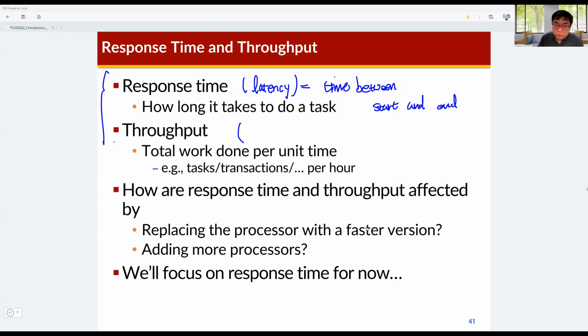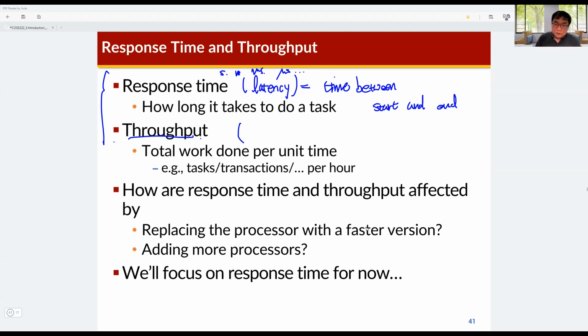For the response time, we just measure the time, like the second, millisecond, microsecond. It's a unit of time. So for the latency or response time, we use the unit of time. And how about the throughput? The throughput is the amount of work done during the unit time.